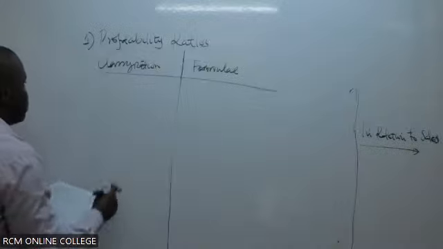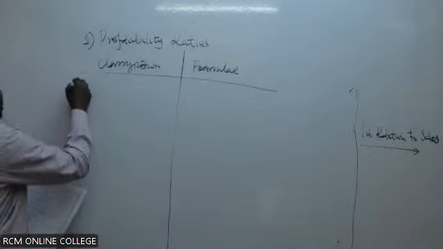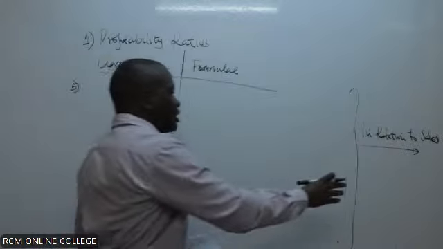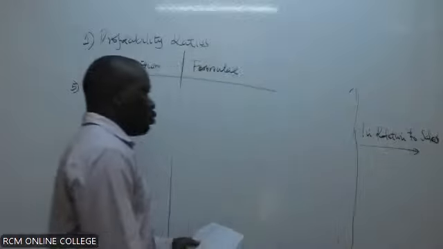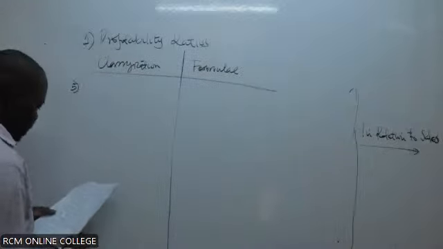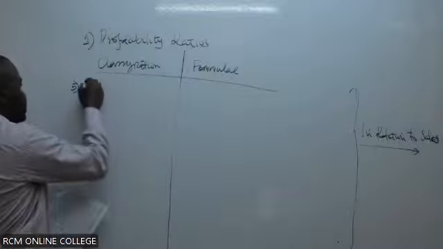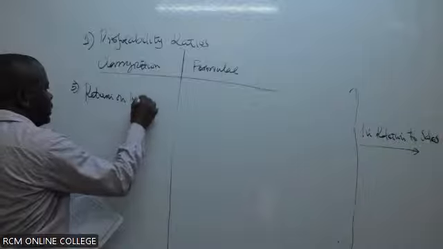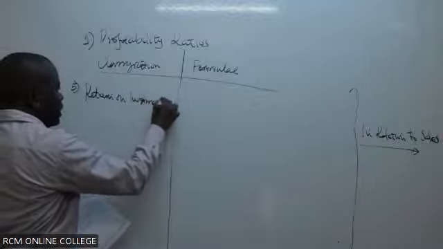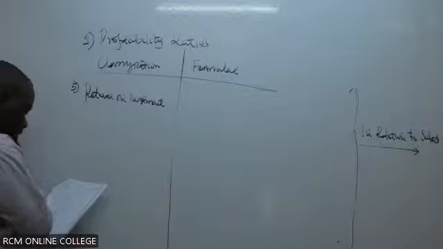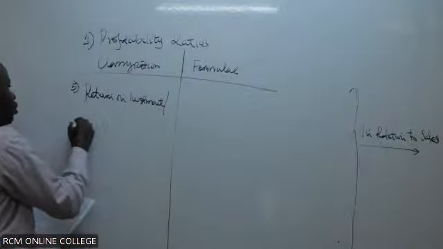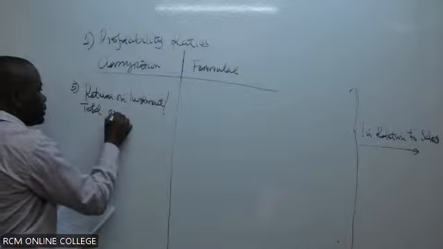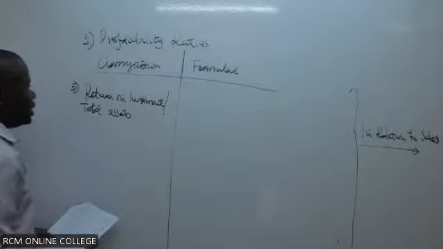So I think it will be number 5. Number 5, another profitability ratio, but under a different categorization, which I'll tell you. In this case, we can have return on investment, or you can say return on total assets.